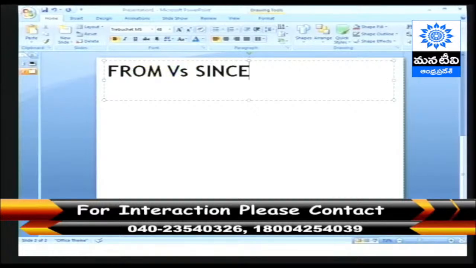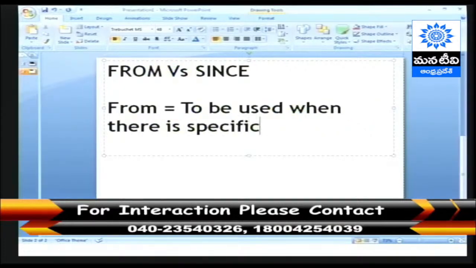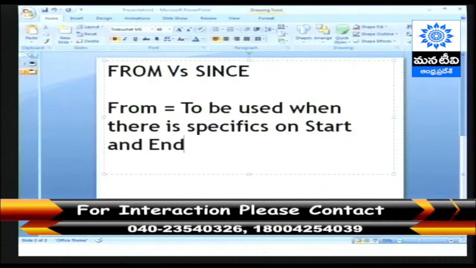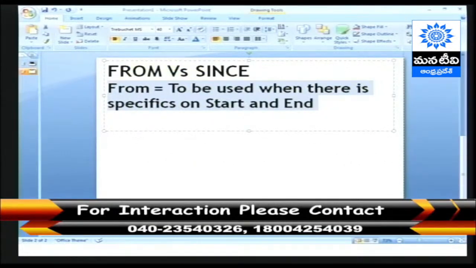From versus since. This is a preposition in terms of time. I should be using from when I have specifics on when it started and when it ended.